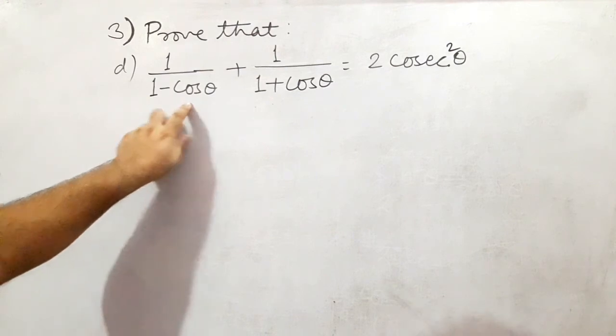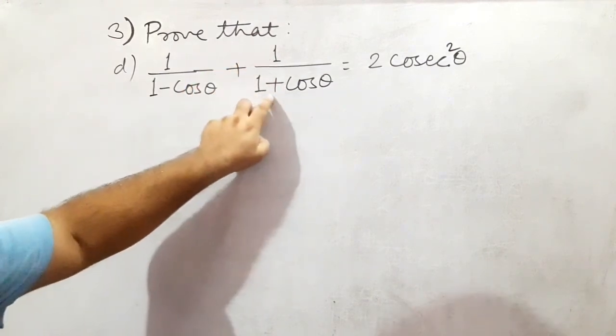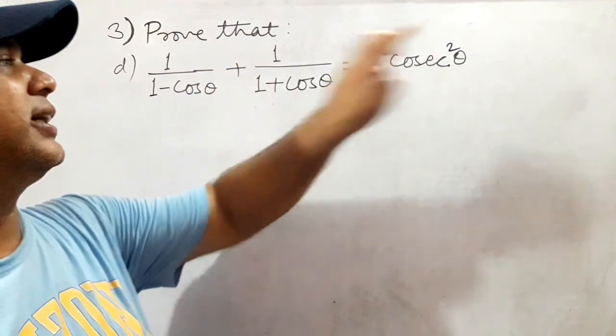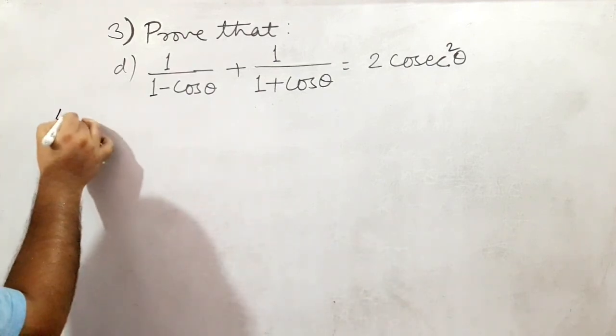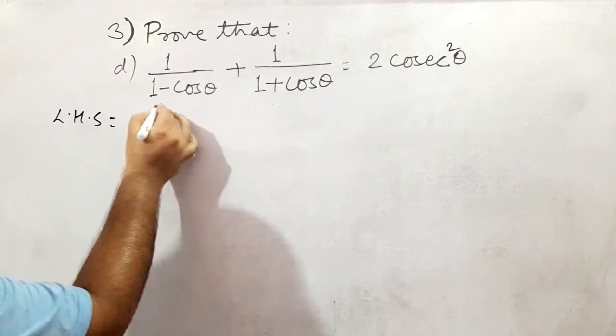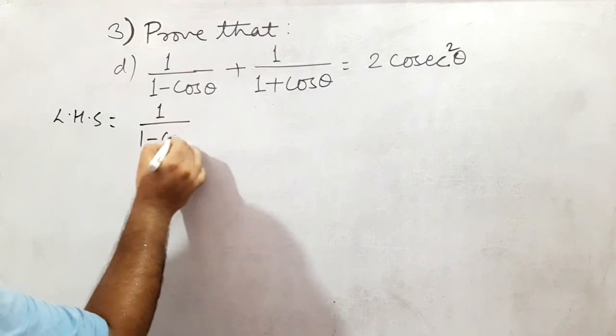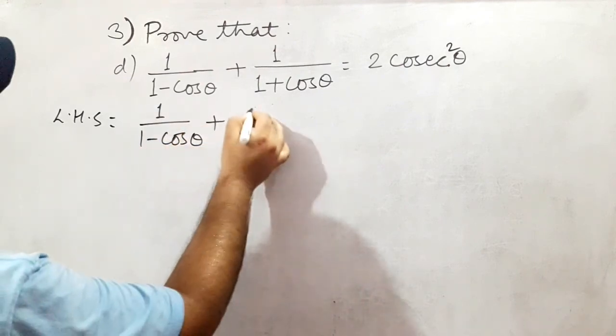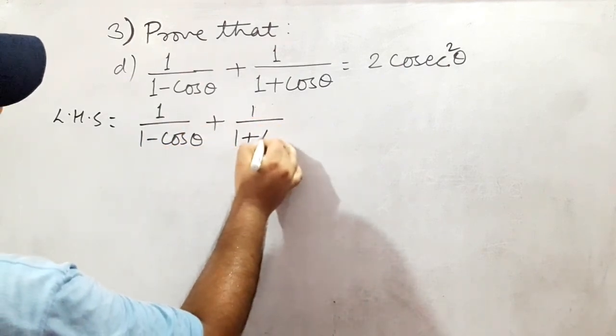1 by (1 minus cos theta) plus 1 by (1 plus cos theta) equals 2 cosec square theta. Taking left hand side, we have 1 by (1 minus cos theta) plus 1 by (1 plus cos theta).